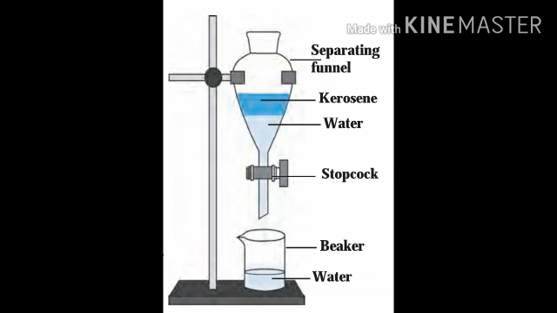Now, without shaking the funnel, remove the stopper. Open the stopcock to collect the water at the bottom of the funnel in a beaker. Close the stopcock when all the water is collected in the beaker. Now, kerosene and water are separated. This is called the separating funnel method.